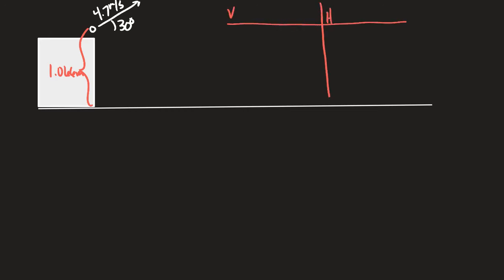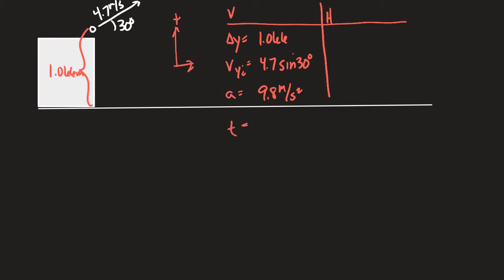Vertical, horizontal. The vertical is going to be delta y equals negative 1.066. Vy initial is now 4.7 sine 30 degrees. The acceleration is still 9.8 meters per second squared, and we want the time. Let's make upwards positive and to the right positive. That'll make this negative and that negative.